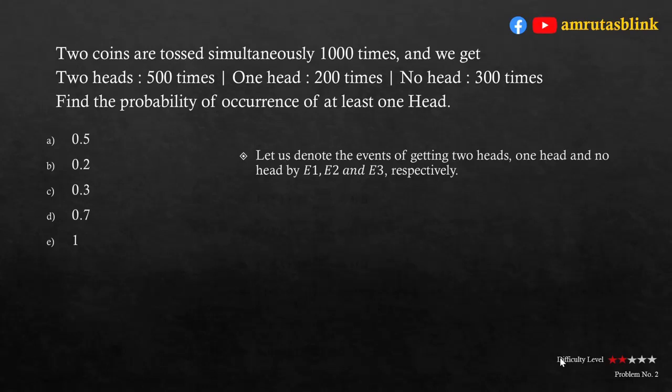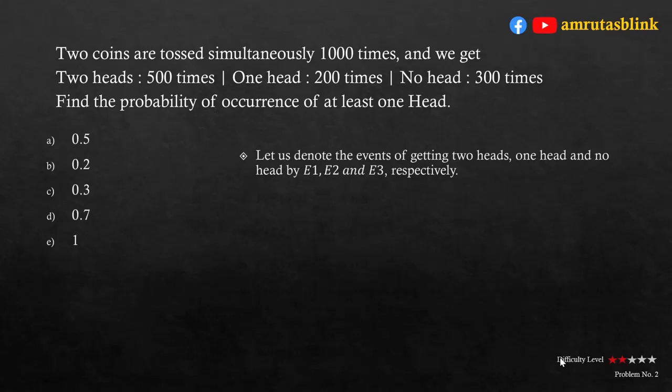Now when two coins are tossed simultaneously 1000 times and we classify the outcomes, then there were 500 events in which both the coins were having two heads. Now there were 200 events in which there was only one head, and there were 300 times in which there were no head.